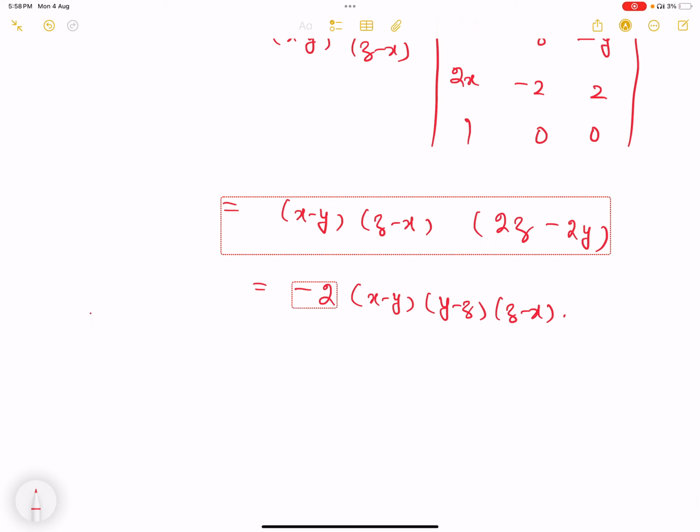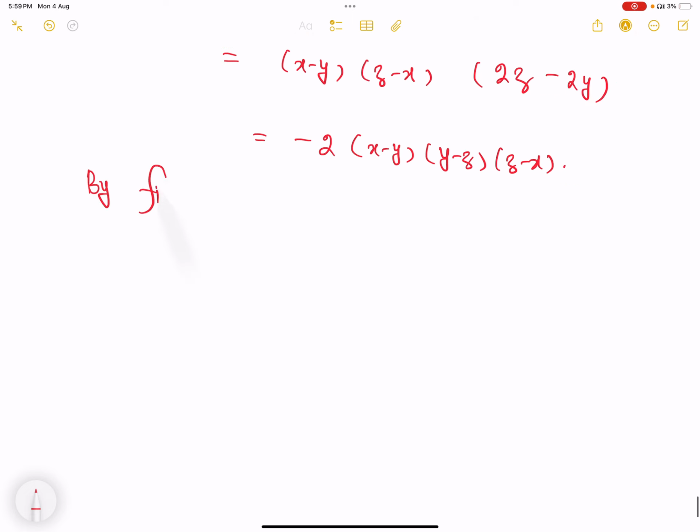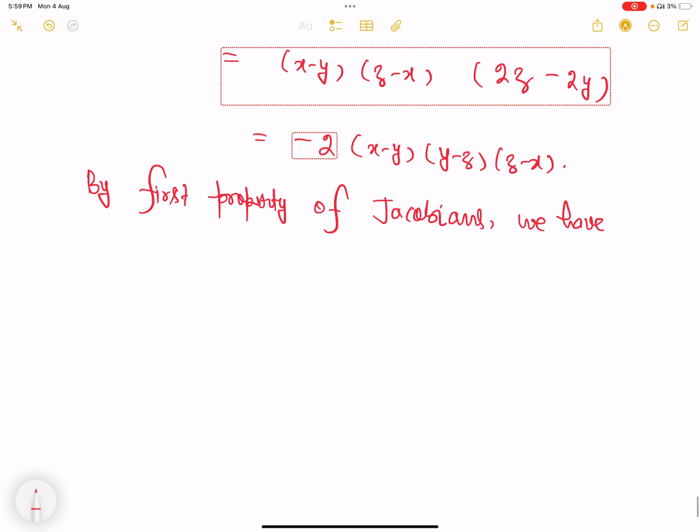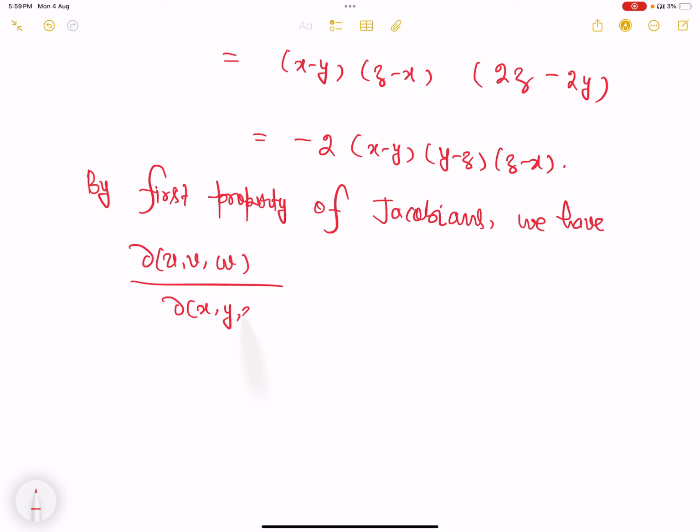Now by the first property of Jacobians, we have del(u,v,w) upon del(x,y,z) into del(x,y,z) upon del(u,v,w) is equal to 1.